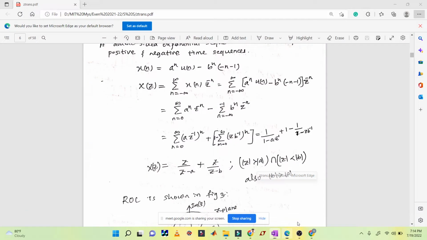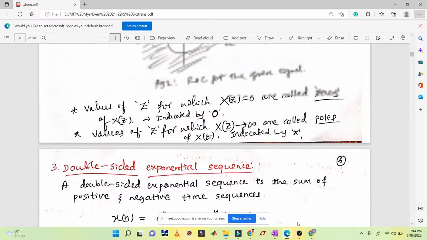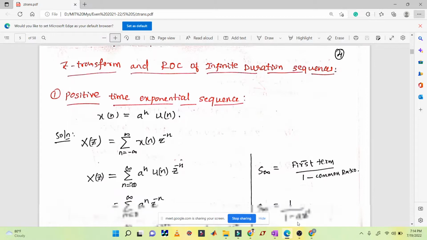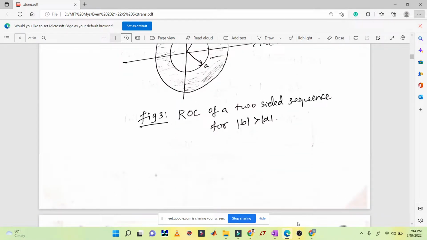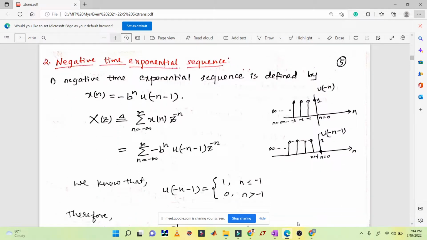Now let us move on to the next problem. That is the third one. Here the second one, negative time exponential sequence. Let me copy the sequence first.